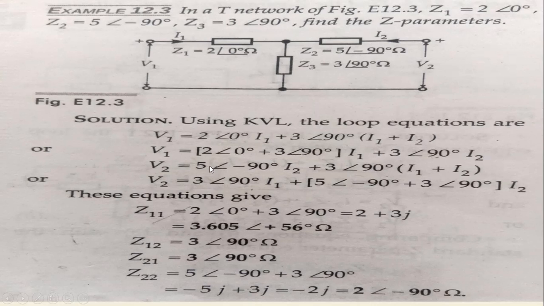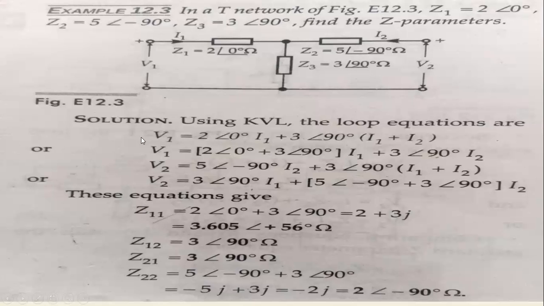If you're looking from here, again the 5 angle of minus 90 degrees, whereas the 3 angle of 90 degrees, both currents I1 and I2 are flowing. So separate them out, noting in which impedances I1 is flowing and in which impedances I2 is flowing. Now compare equations 1 and 2.